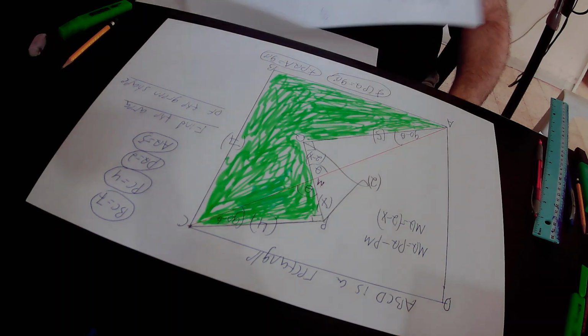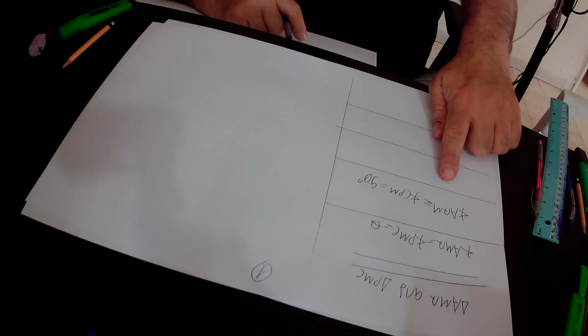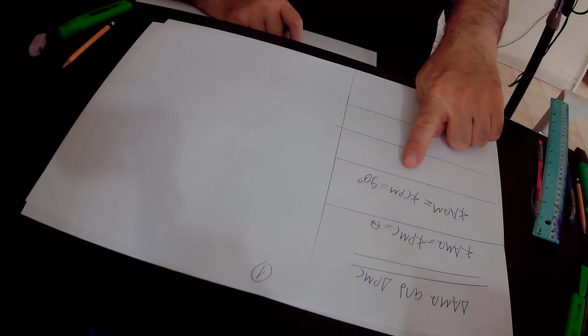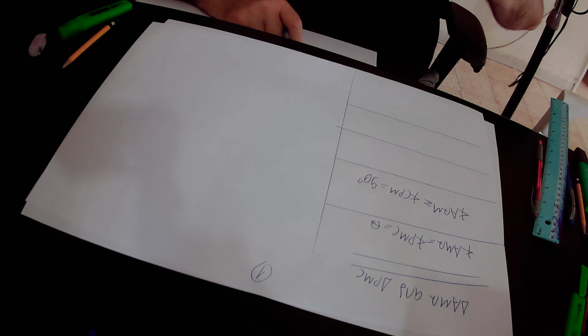So repeat again, angle AQM in the right triangle AMQ equals angle CPM in the right triangle PMC. They are both equal to 90 degrees, therefore they are equal to each other.